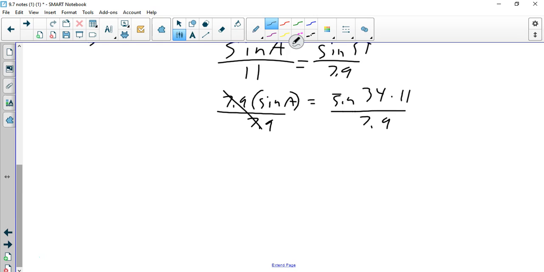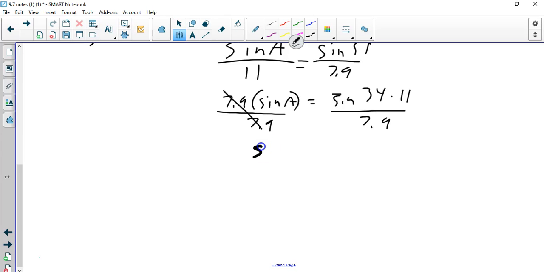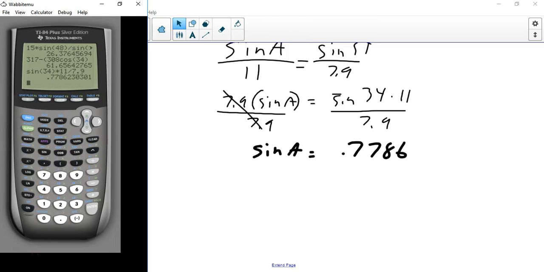And now I just need to find out what this is as a decimal. So I'm going to use my calculator again and do sine of 34, close it, times 11, divided by 7.9. And that gives me sine of A is equal to 0.7786. Now I use my calculator again to do the inverse sine, since I'm trying to find an angle.